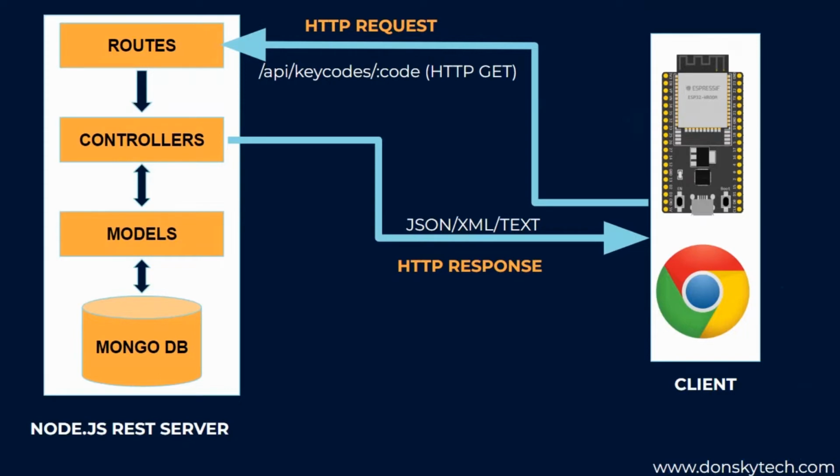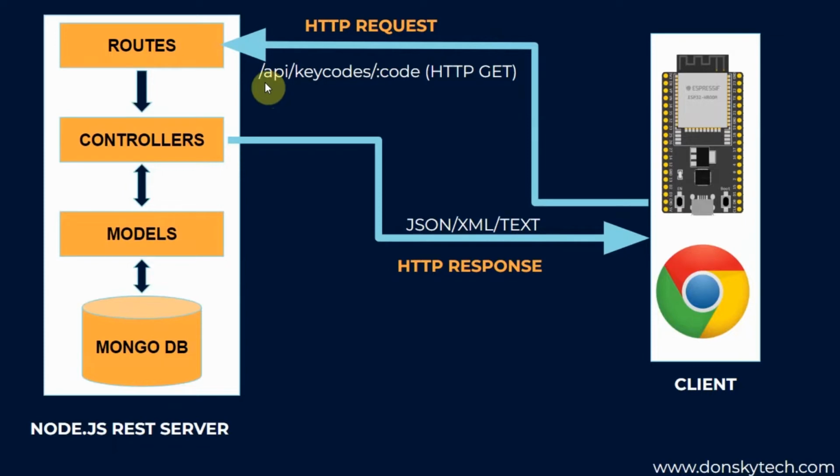So this is actually just the basic information regarding what a REST API interaction is. This video will not explain everything related to this, but the accompanying write-up will tell you this information. But to summarize everything in here, the client that we have here is a microcontroller, and it sends a request to our Node.js REST server.